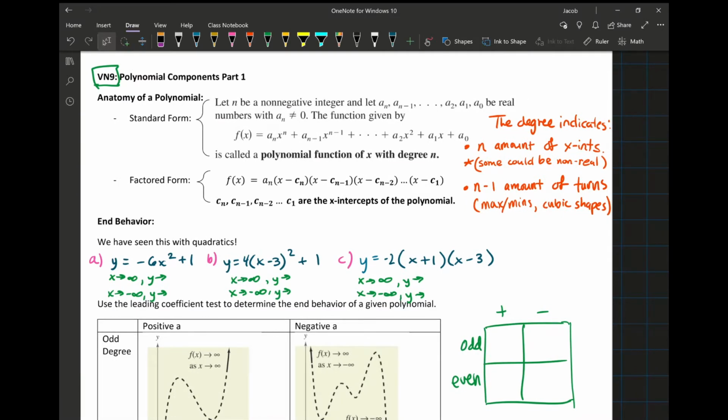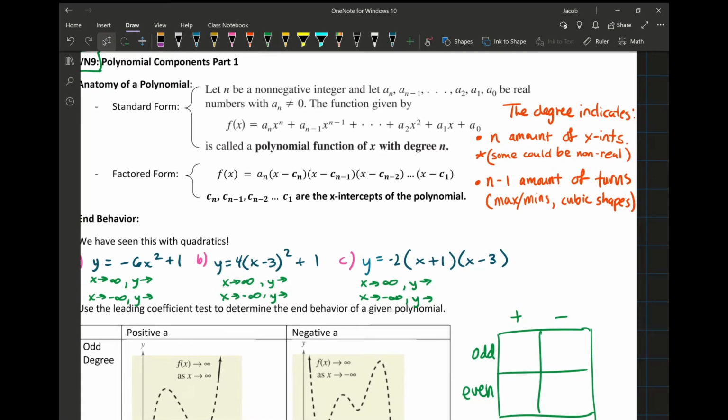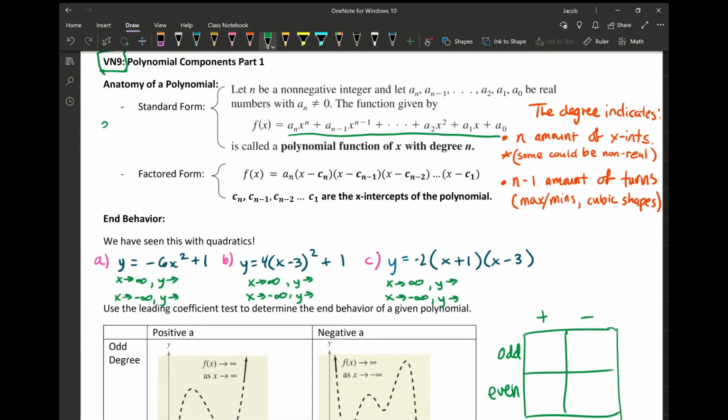So first off, a polynomial can be built in standard form or factored form. And if we look at the standard form, this is the type of polynomial we're used to looking at. So if you want to put an example there, it could be something like 3x to the fourth plus 5x squared minus 2.